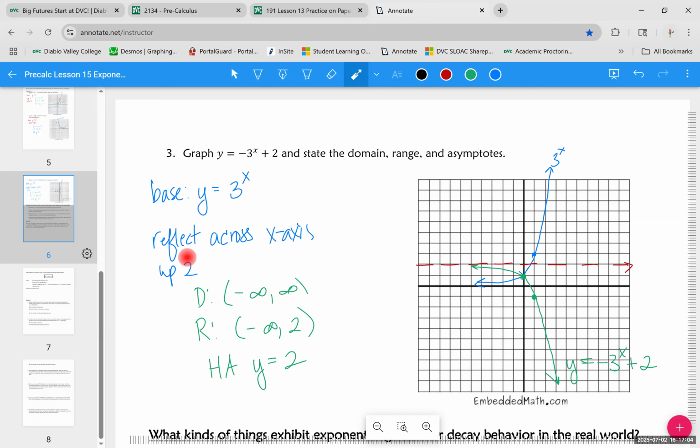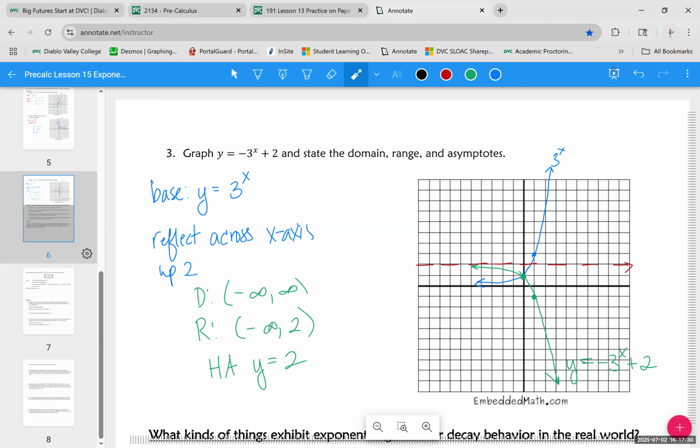This negative is going to reflect my graph across the x-axis. So this point will come down here, this point will come down here. But then the +2 is going to make the whole thing go up 2. So when that point moved down here, I move it up 2, and that point moved down here, I move it up 2. I also moved my asymptote up 2, and I could draw in my curve from there.